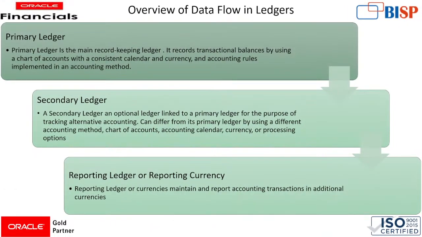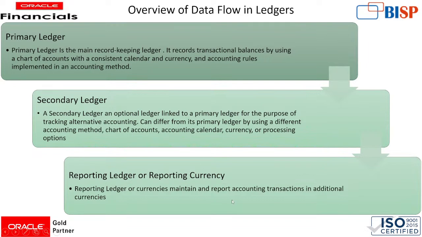Now the data flow in the ledger: first it will be the primary ledger, then it will move to the secondary ledger, and simultaneously it will be in the reporting ledger, or say reporting currency, right? So that will be the flow in the ledgers. This is basically a presentation overview of the data flow in the ledgers.